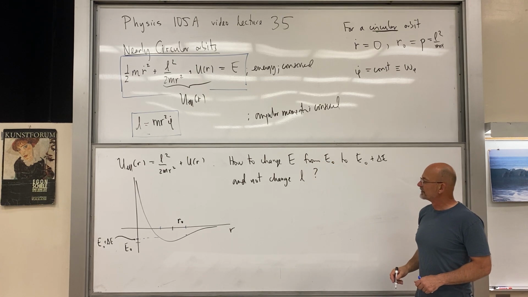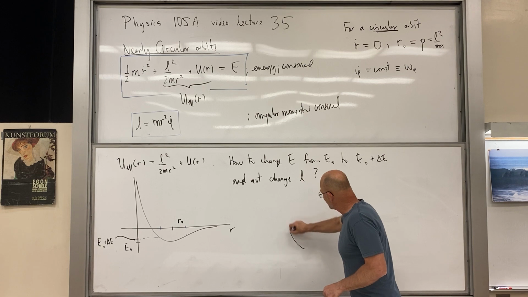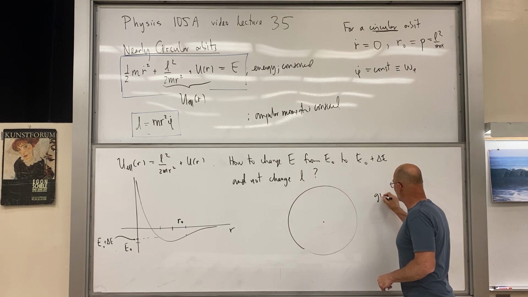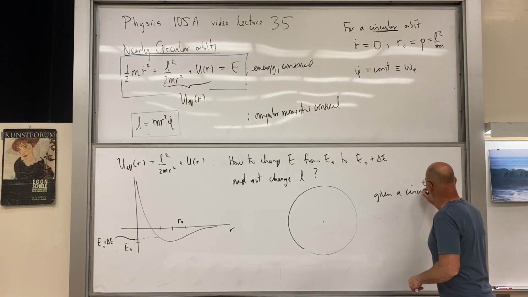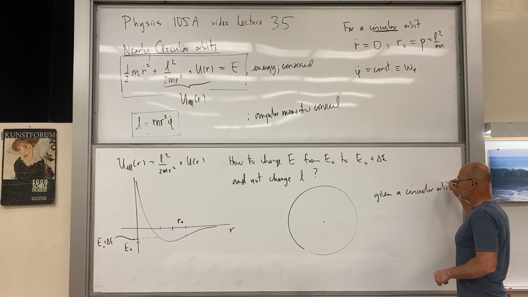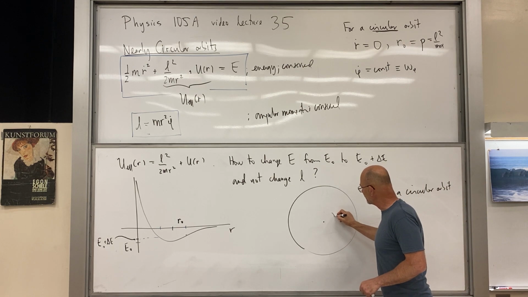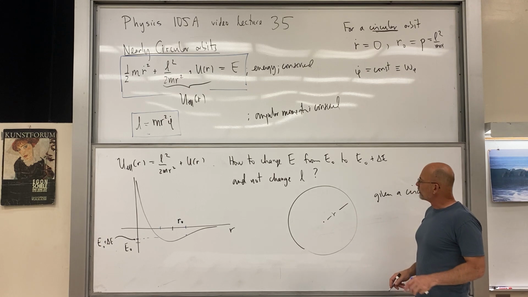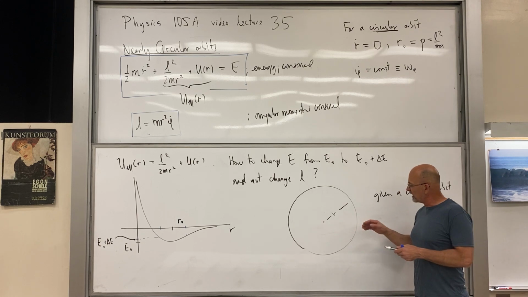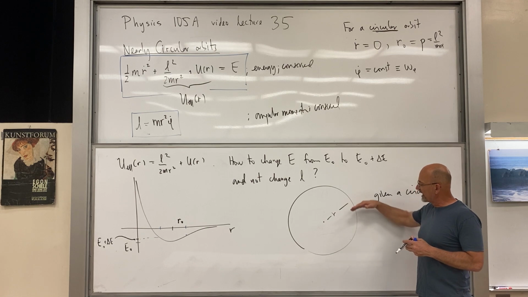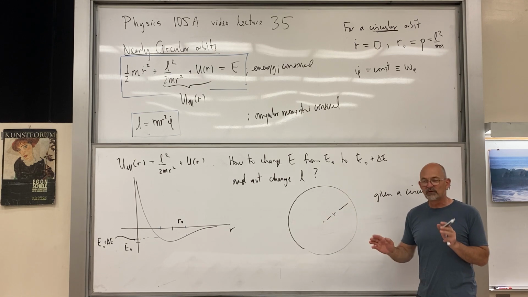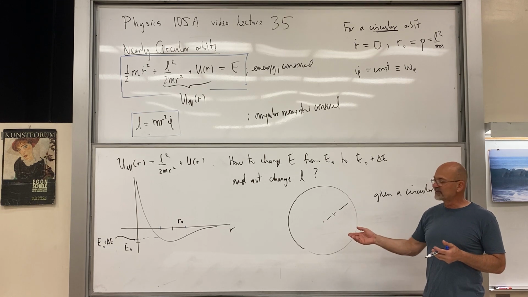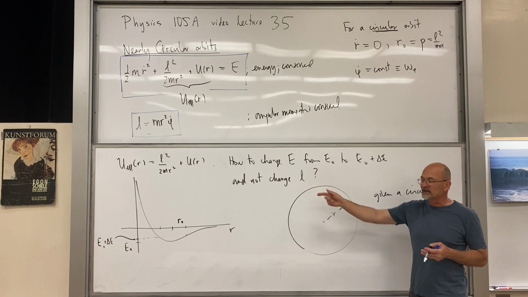So how do we do that? Well, imagine we have a circular orbit. So given a circular orbit, and here's our center of orbit, and there's r. If we want to change the energy, we have to somehow impose a force that is a central force, because a central force preserves the angular momentum, right? This is a central force problem. You have conservation of angular momentum.